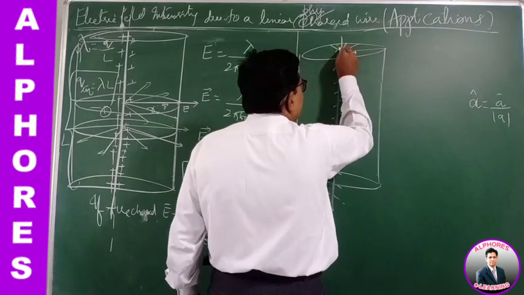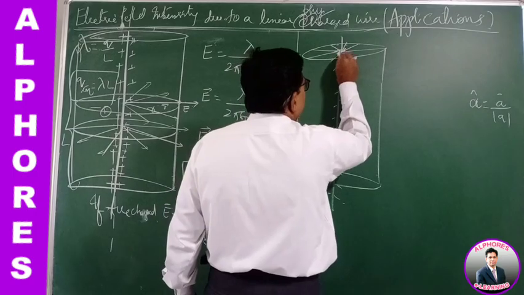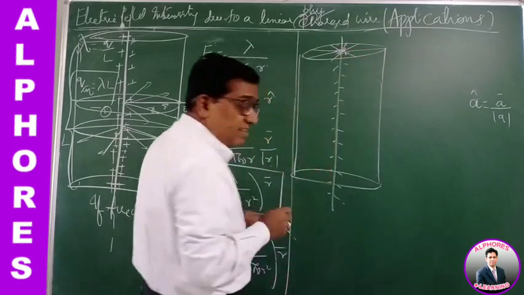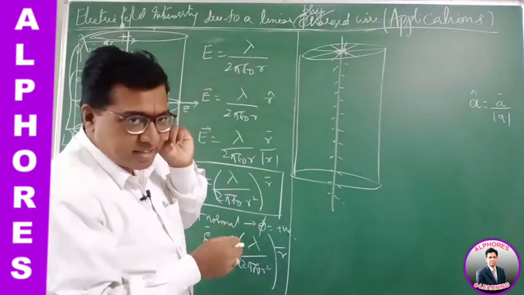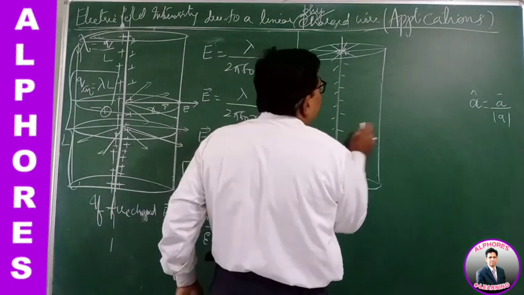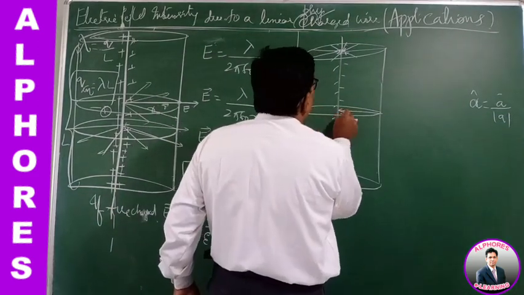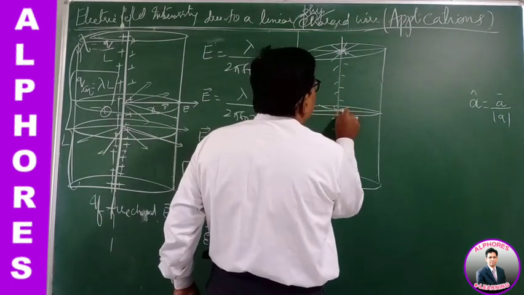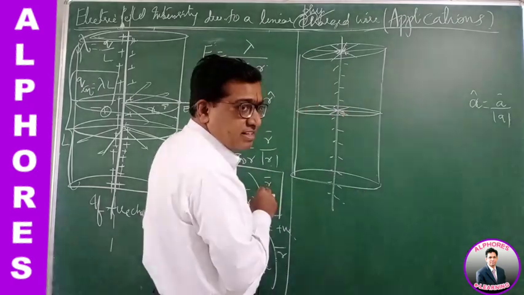The lines of force will be towards the conductor. They are normal to the Gaussian surface but pointing towards the conductor. At any point they are pointing towards the conductor like this. This is the direction of the electric lines of force.